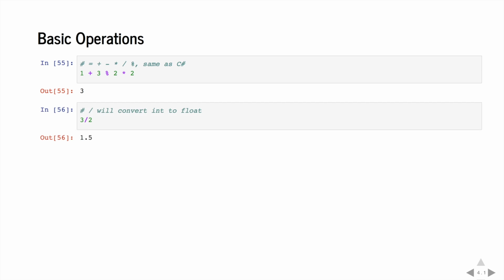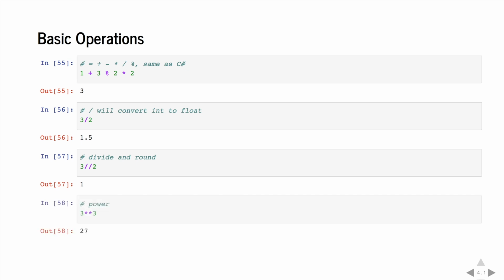One thing about divide: if you divide two integers, it will become a float. A double divide, or two forward slashes, is basically a divide and a round. So 3 divided by 2 with two slashes will result in 1.